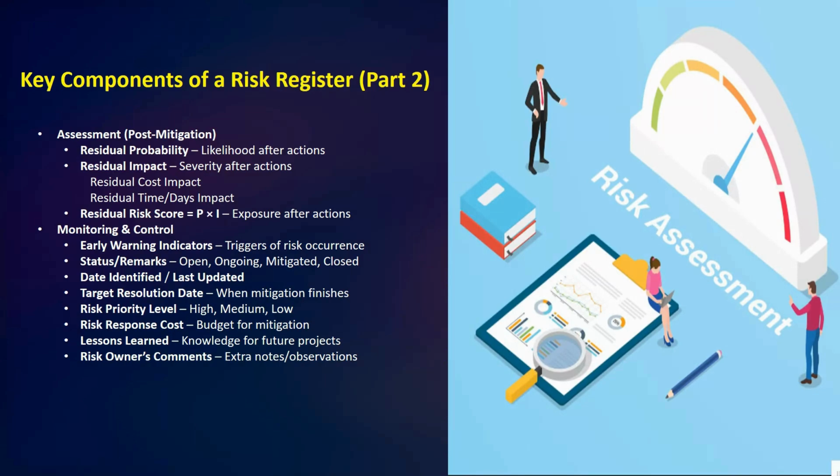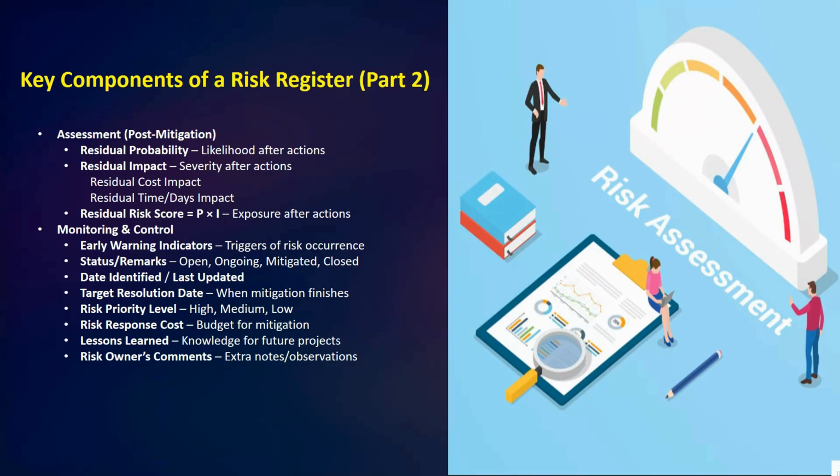Then the status or remarks section shows if the risk is open, ongoing, mitigated, or closed. We also record key dates like when the risk was identified, last updated, and the target resolution date for mitigation.